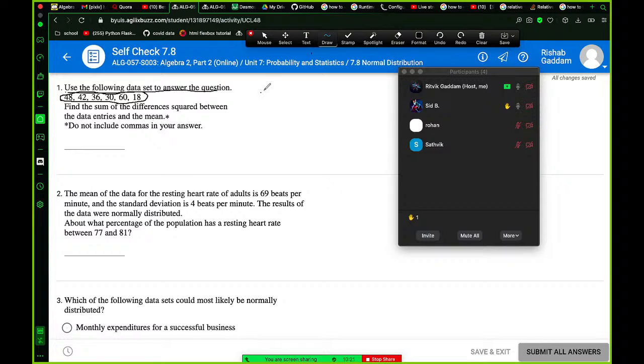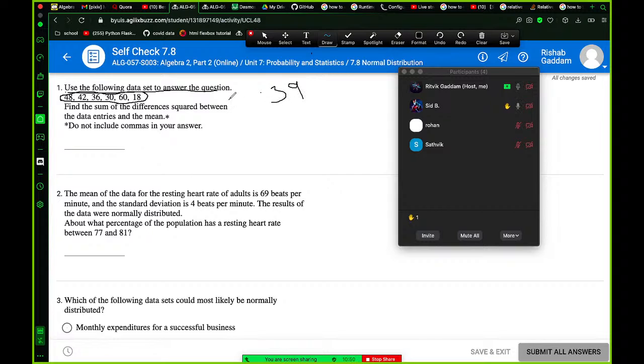Oh yeah, sorry. No, it's supposed to be divided by 6 because there are 6 numbers. See, there's 1, 2, 3, 4, 5, 6 numbers. So the mean is 39.